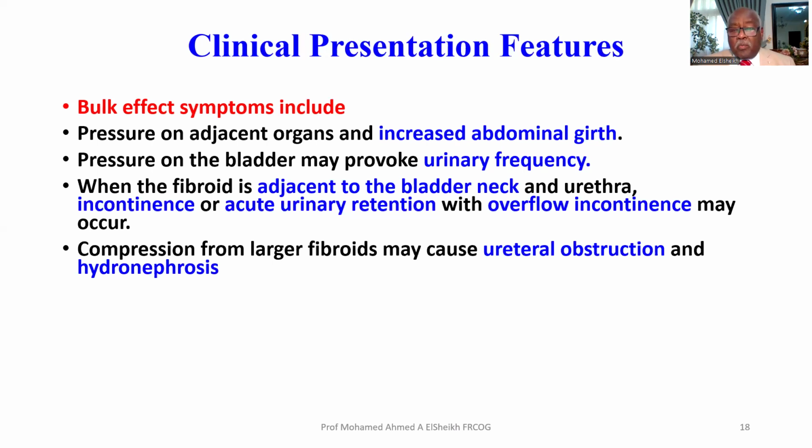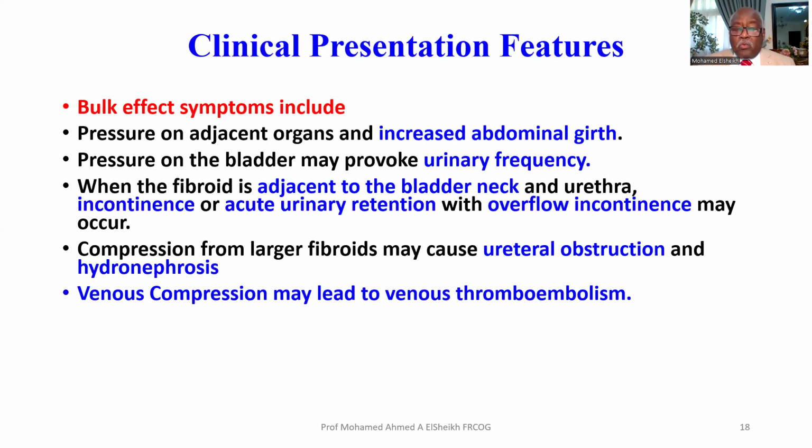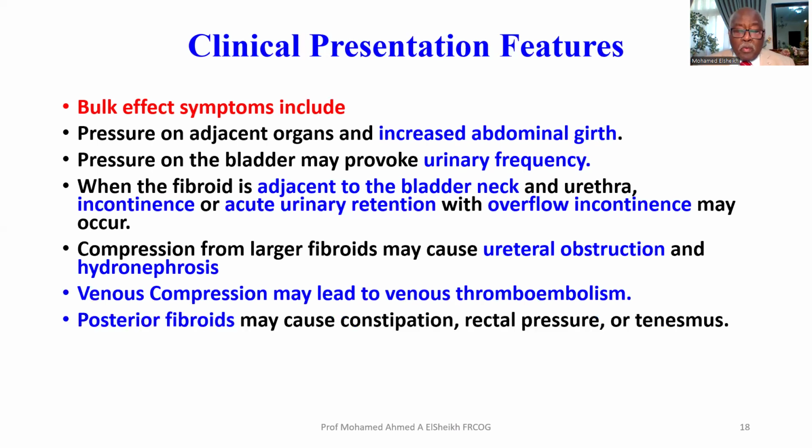Compression of larger fibroids on the lower part of the ureter could lead to ureteric obstruction and hydronephrosis. Venous compression may lead to venous thromboembolism. Posterior fibroids may cause constipation, rectal pressure, or tenesmus.